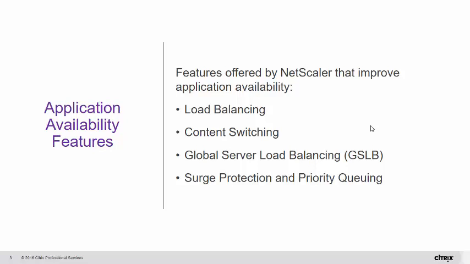Another feature is GSLB. This is also load balancing, but what's the difference between normal load balancing and global server load balancing? If your backend servers are available at different physical locations, I mean at different data centers, then normal load balancing will not work. For that you have to configure GSLB. The last feature of the same type is surge protection. So what is surge protection?